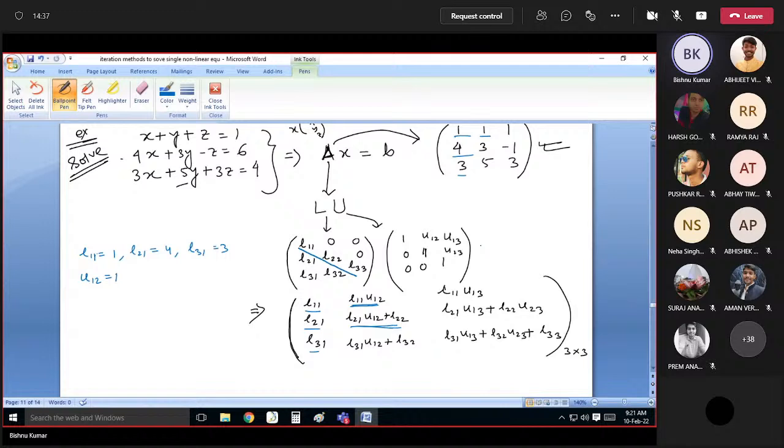So don't hesitate about this. There is no restriction and no strict rule written in the books. You may consider L or U, whichever, as variable and the other 1, 1, 1 to get a unique solution.